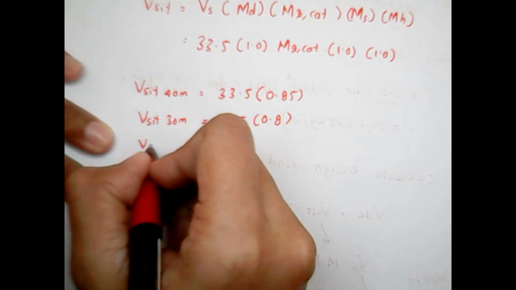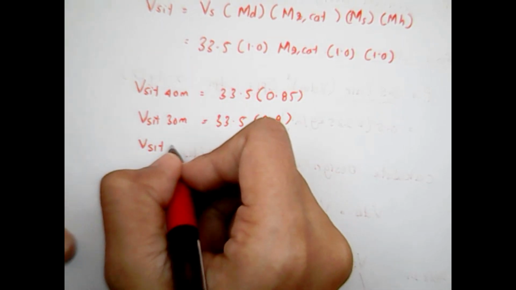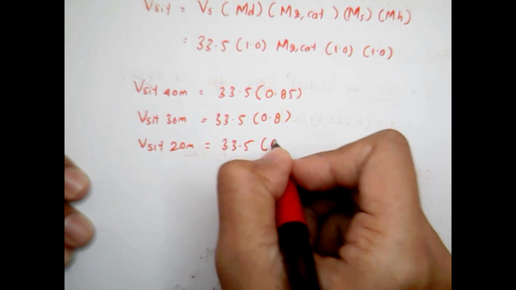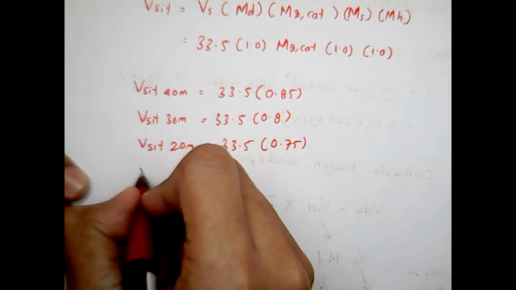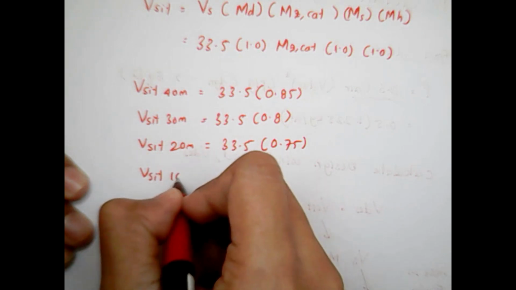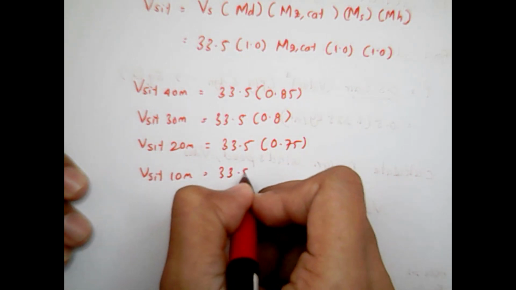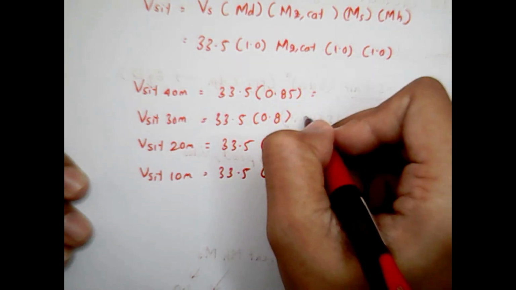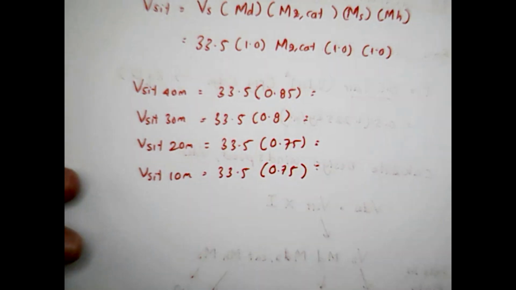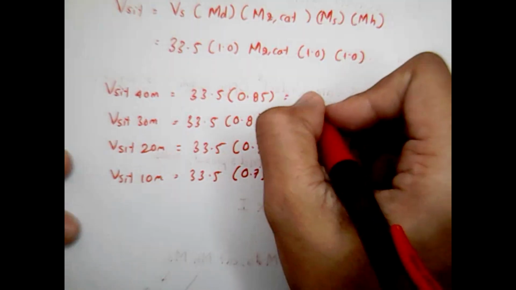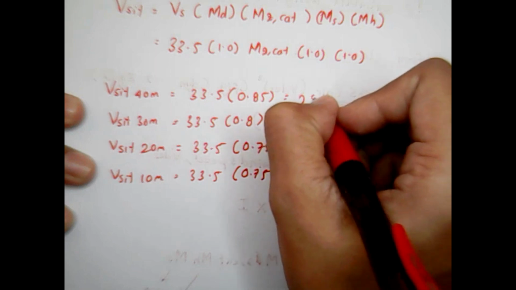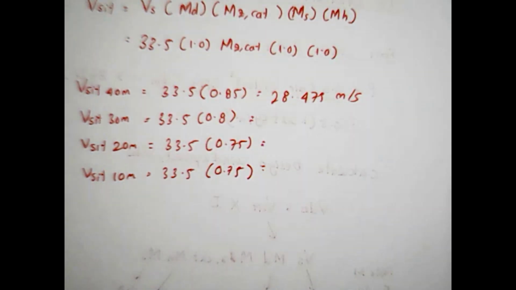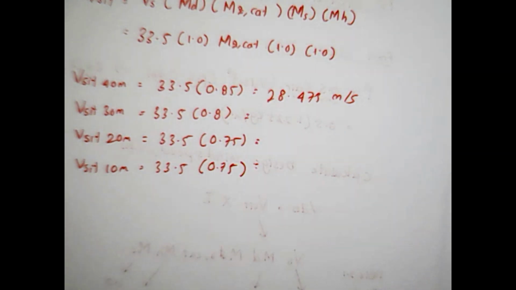And V seat at 20 meter, multiply by 0.75 if I'm not mistaken, and here at 10 meter, 33.5 times 0.75. So now you calculate all this, and here you will get 28.475 meter per second.